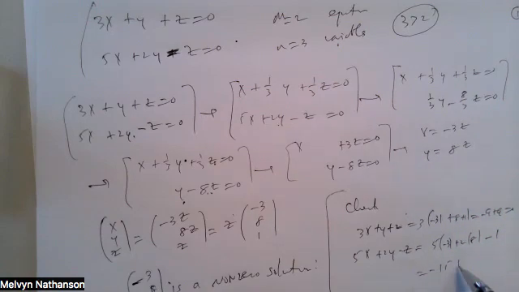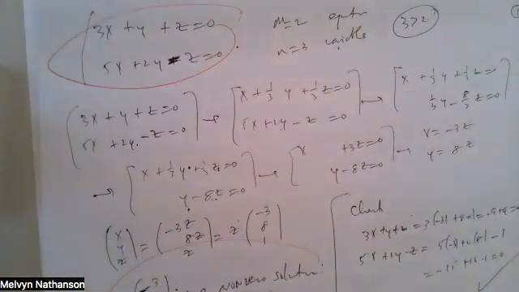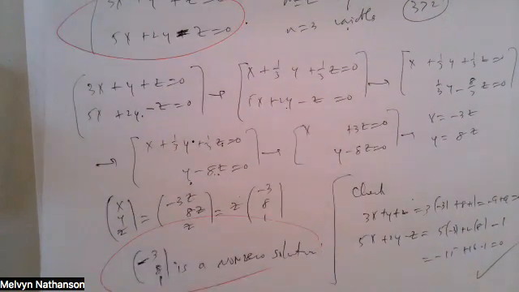That's minus 15 plus 16 minus 1, which is 0. So it checks. So this system of equations does have this non-zero solution. Nice to know.